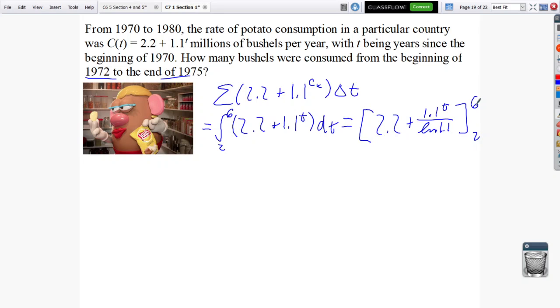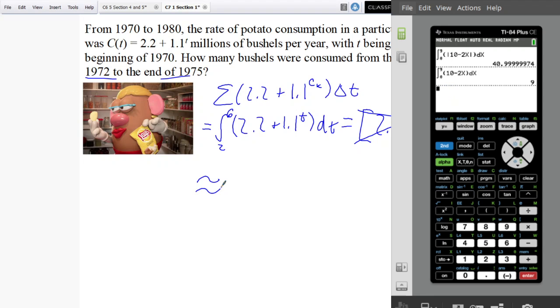If I want to evaluate that, I'm going to have to start using my calculator at some point. Since I'm using my calculator at some point, this problem is not to be done by hand. When we see a really weird function being integrated like this, that means we want to jump right to our calculator and just do it completely on our calculator.